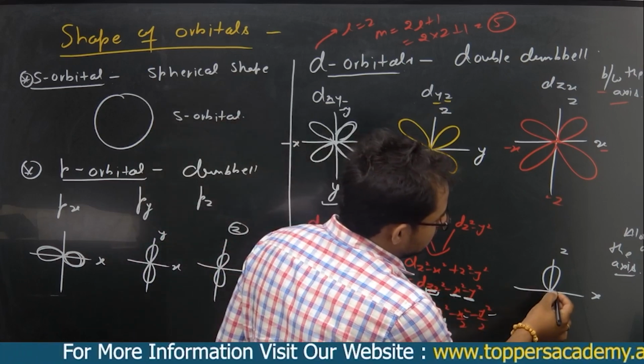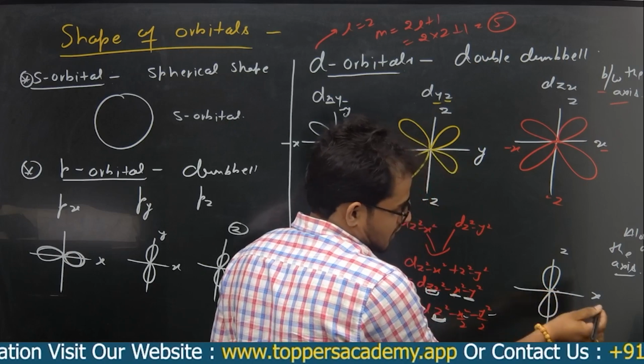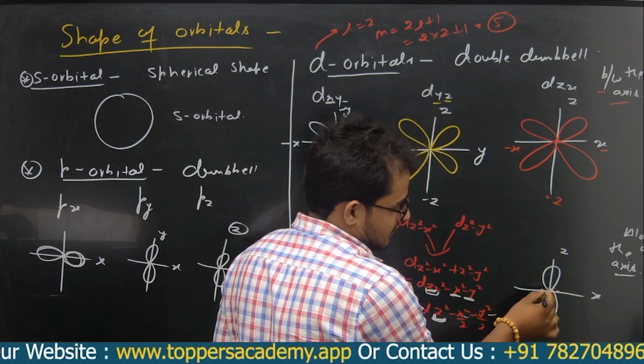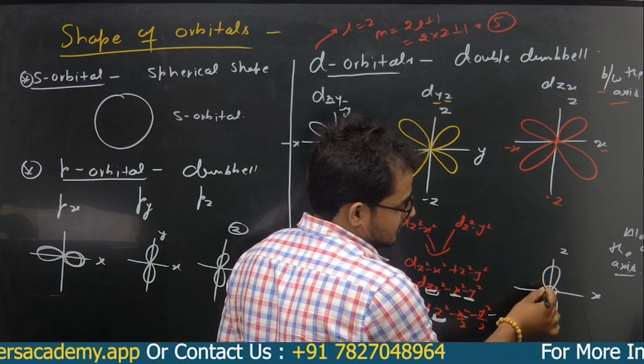So it will have electron density on this axis, and on this y axis, in this way. So I am going to represent it like this.